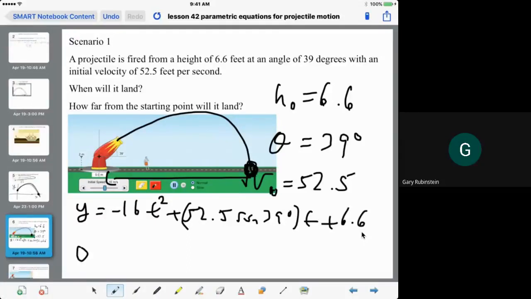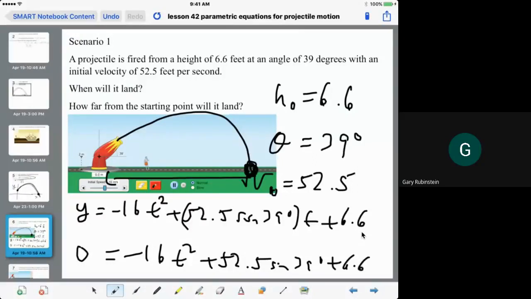If you plug 0 in for y, you're going to need the quadratic formula to do that. So if you have your graphing calculator with you, go ahead and do the quadratic formula, and you'll calculate t. But t won't be the answer. Well, it will be the answer to this question.